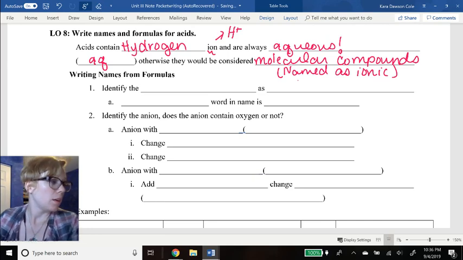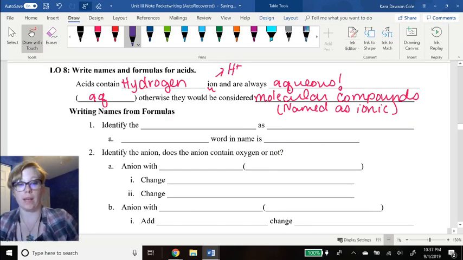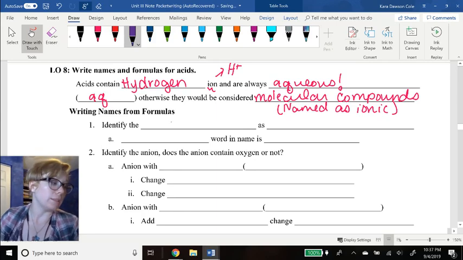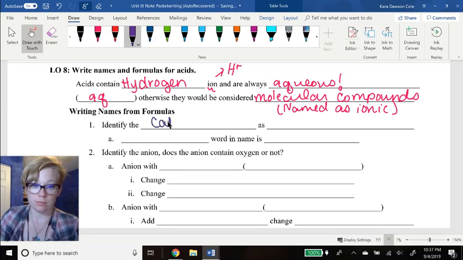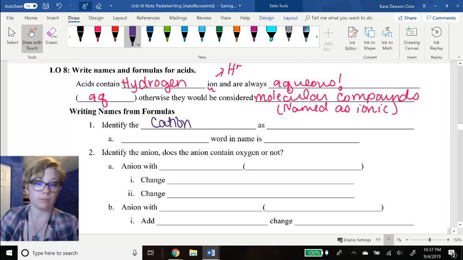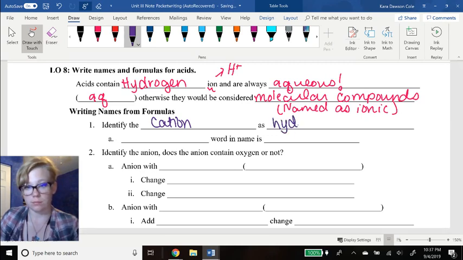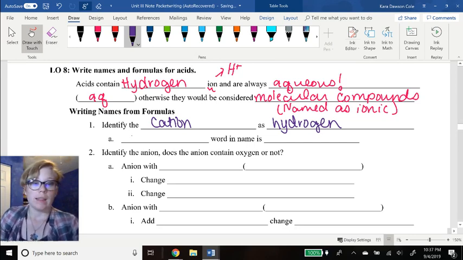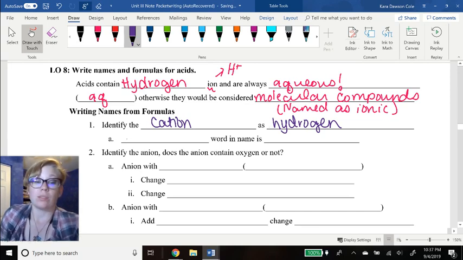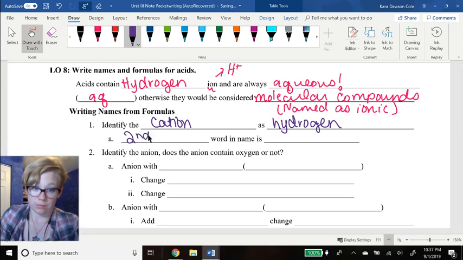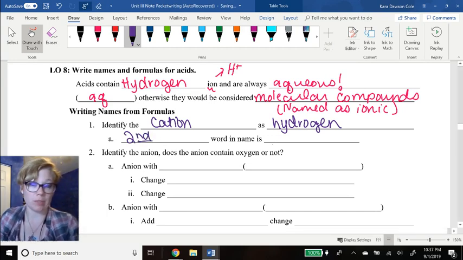First thing that you do when you are naming an acid, you need to identify the cation as hydrogen. So the cation is hydrogen. What this means is when we recognize the cation as hydrogen, and it's aqueous, the second word in the name, because remember, most names have two words, is acid.